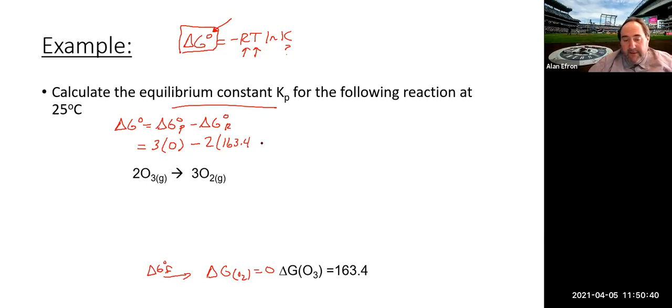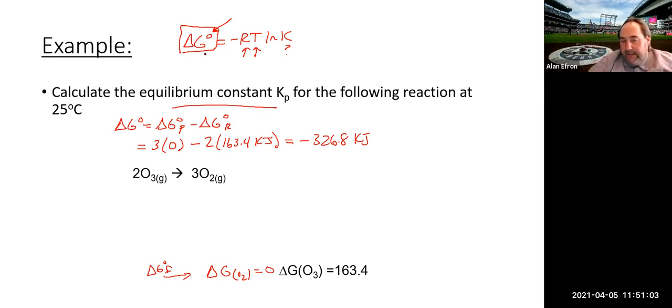They are kilojoules, by the way, just a reminder. And that would get us 2 times 163.4. That gets us minus 326.8 kilojoules. Any questions on that so far?